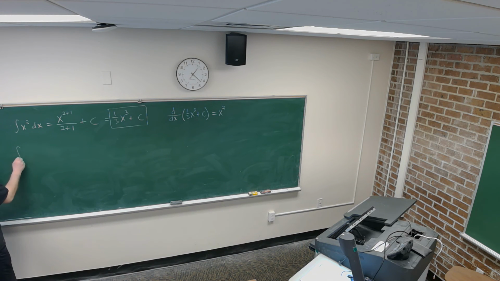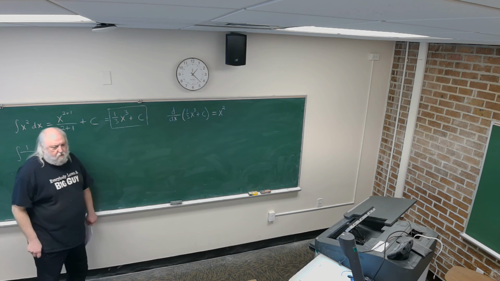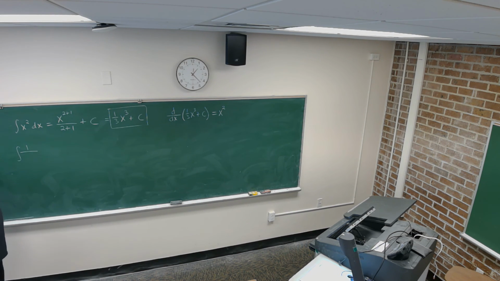The next example. Professor? Yes, ma'am. Oh, got 2 hands up. So is this a situation where we wouldn't simplify? Like we don't want to put x to the 3rd over 3 and we want to separate it out? It doesn't matter. If you wrote your answer as x cubed over 3, I'm fine with that.